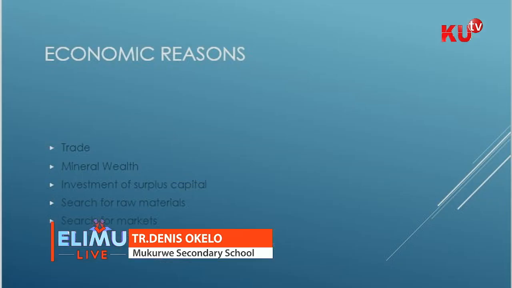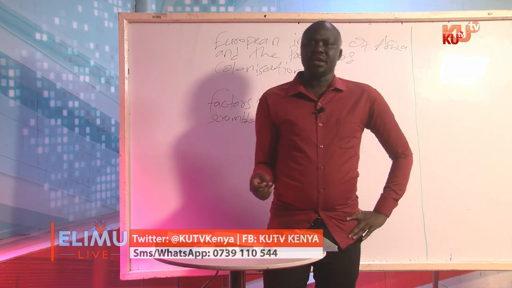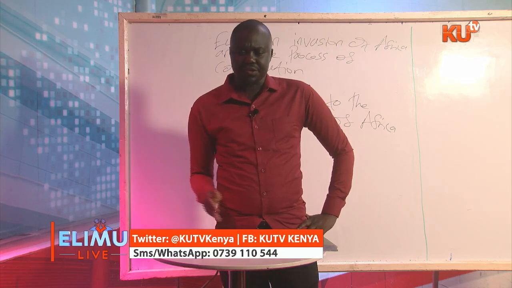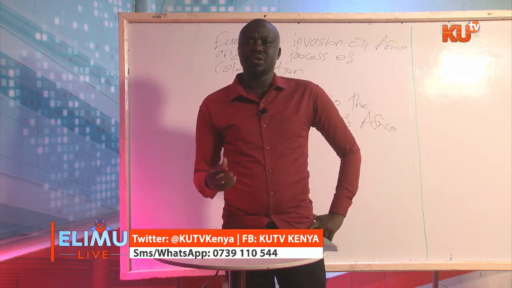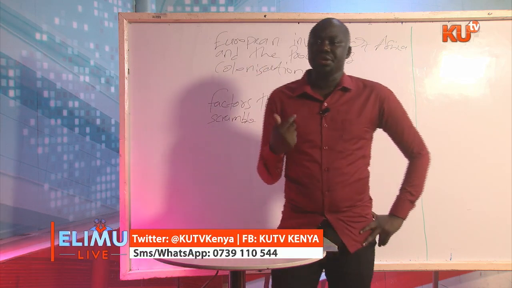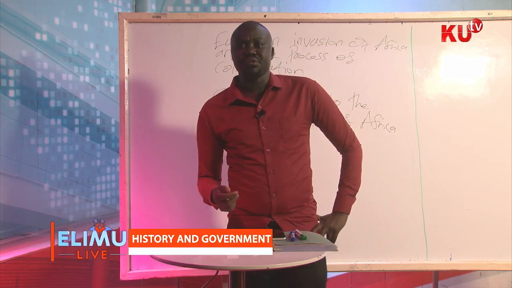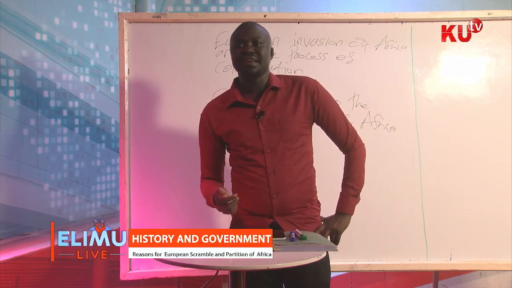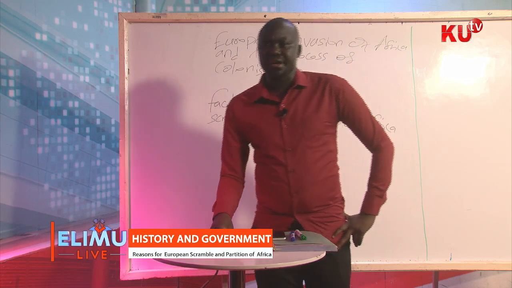With the Industrial and Scientific Revolution peaking in the 19th century, it was only necessary that they find raw materials for their industry. For instance, if you look at Kenya as a colony, when it was a British protectorate, we were very vast with raw materials such as sisal, coffee, tea, and even minerals like soda ash.